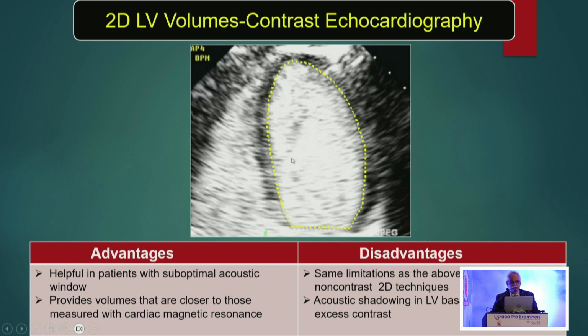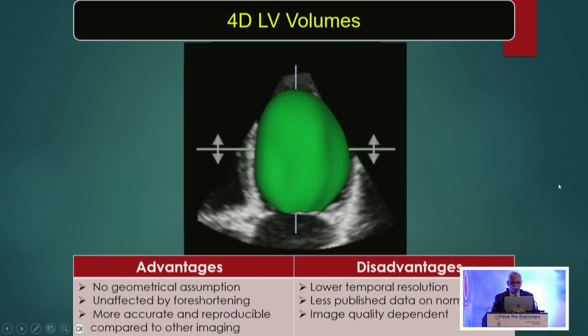This measurement is much superior, and the error is very less if you use left ventricular contrast for measuring the left ventricular volumes. The three-dimensional echocardiography is much more accurate than the two-dimensional echocardiogram. Usually the volumes obtained by three-dimensional echocardiography are slightly larger than the volumes obtained by the two-dimensional biplane Simpson method.